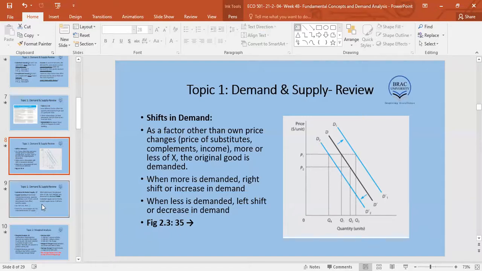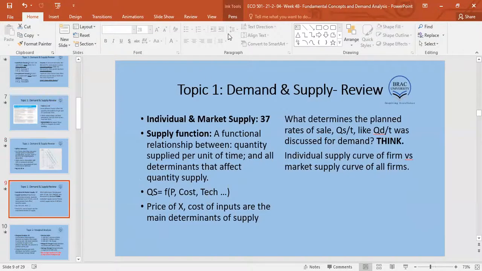Lovely. And for supply, it's the same thing. For example, due to the pandemic, the government gives a special package to certain industries. The government gives some subsidies. Isn't that reducing the cost of their production? So even if the price of the commodity remains unchanged, at that same price they can now supply more because their cost has fallen.